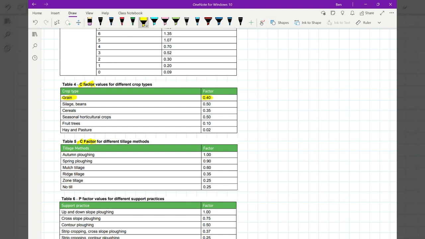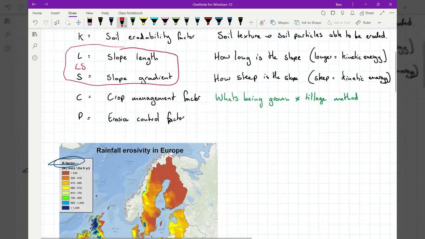And if we are doing autumn ploughing for it, we have a factor of 1. So it's 0.4 multiplied by 1.0, and that will give us 0.4. Okay, and that gives us our C factor. You can do that for any combination of those.